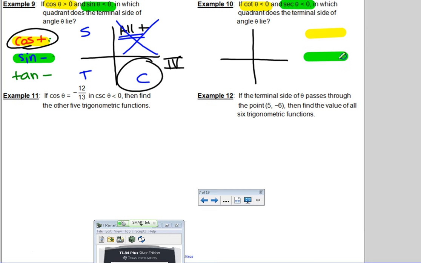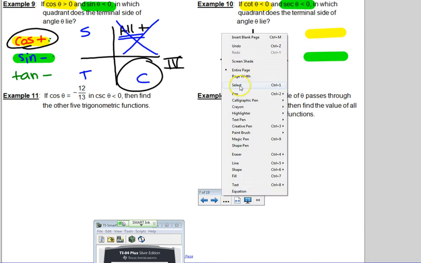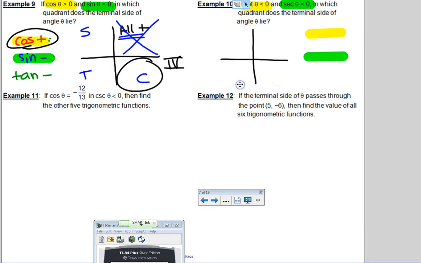We'll switch it. Secant is less than 0. So what does that all mean? Cotangent goes with tangent. So when they tell me that cotangent is less than 0, they're really telling me tangent is negative. And when they tell me that secant is less than 0, secant really goes with cosine. So they're telling me cosine is negative.